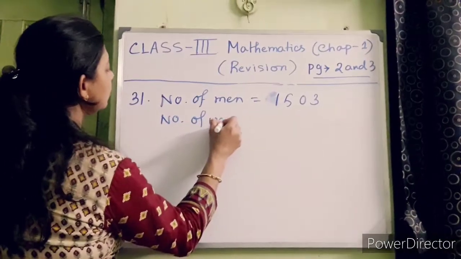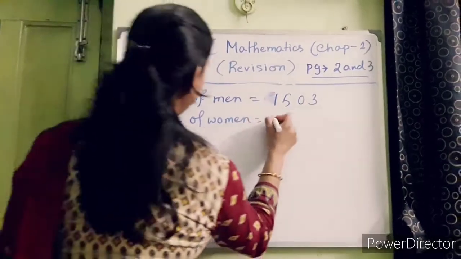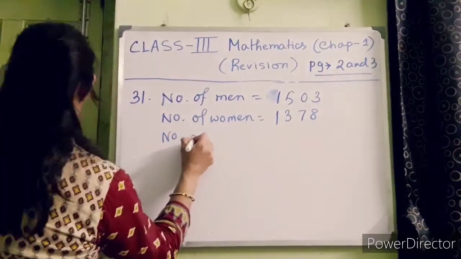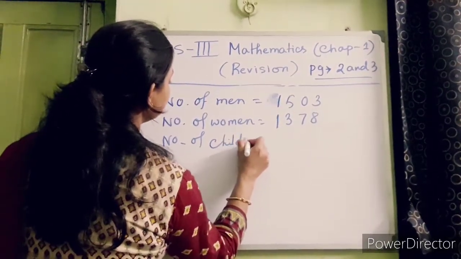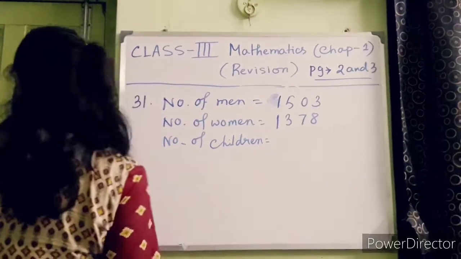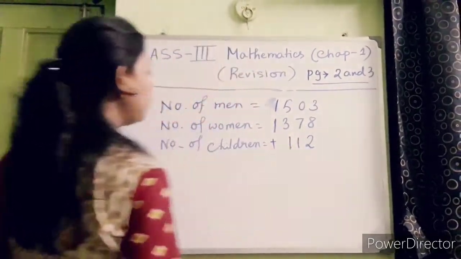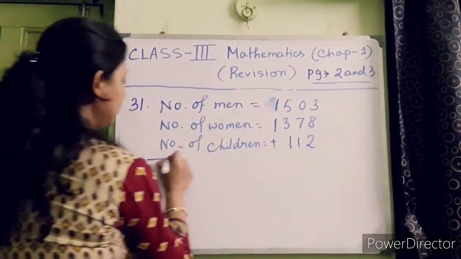Number of women 1378. Number of children equals 112. So you have to find out the population, that's why you have to add.